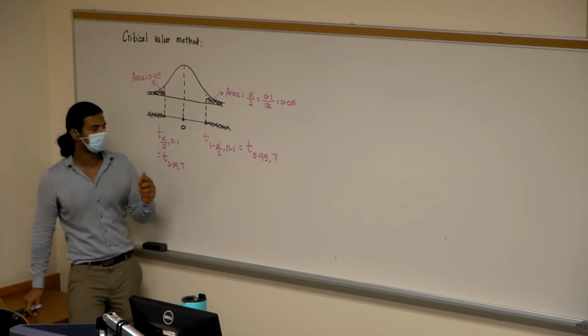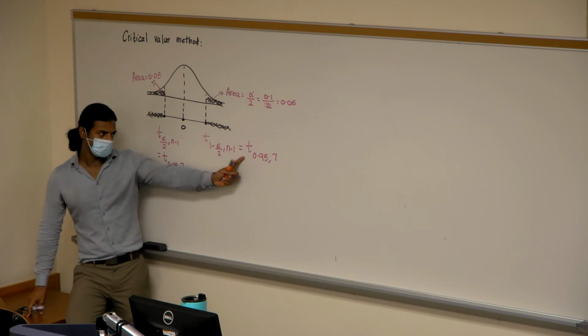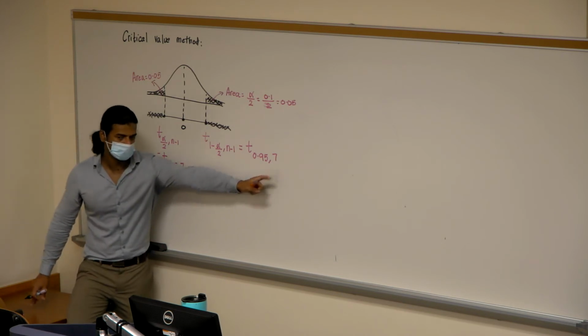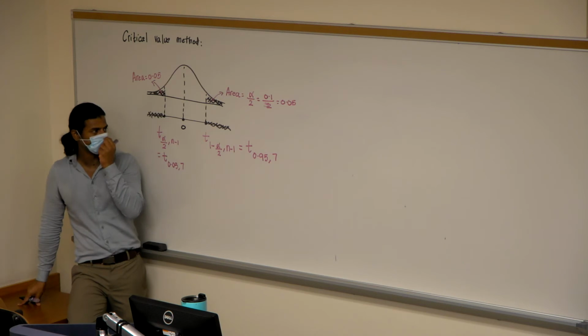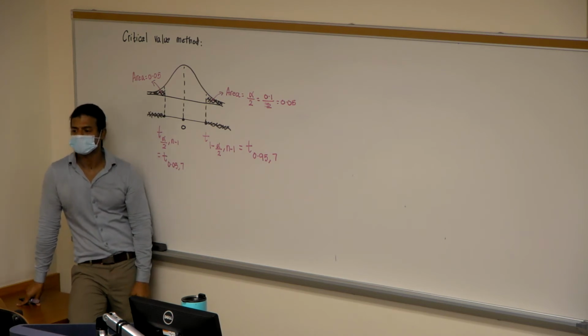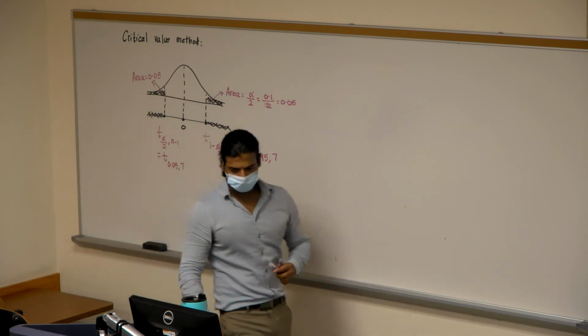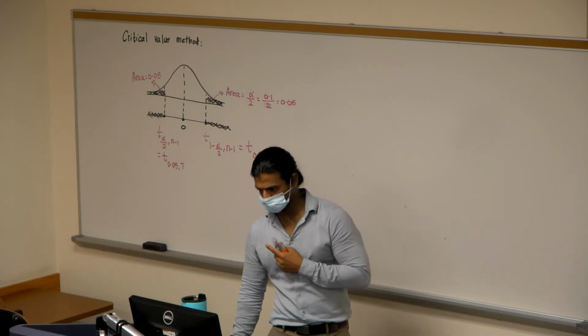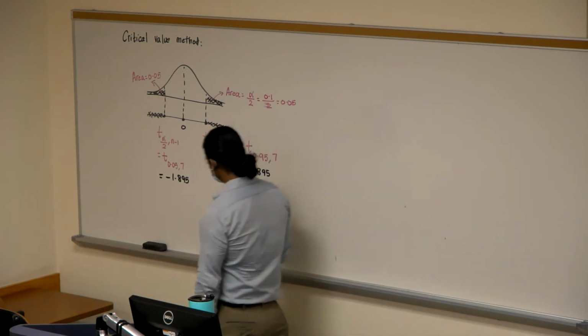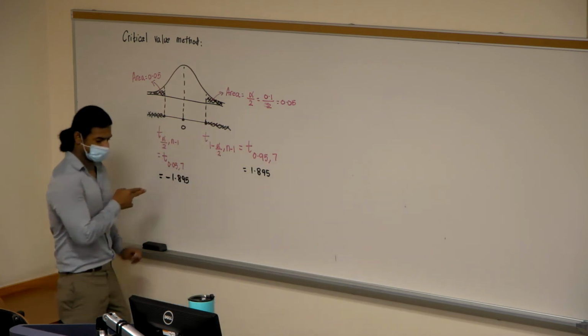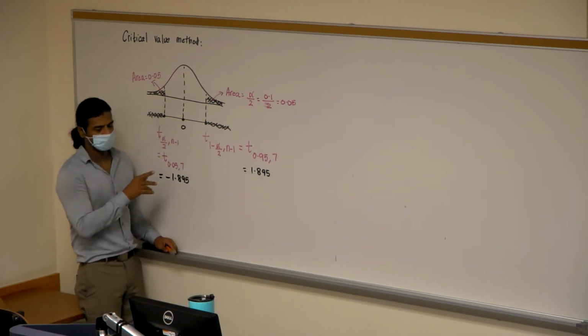It is entirely up to you. So inverse t 0.95, 7 in your calculator, and let's see what we get. The critical value happens to be negative 1.895.